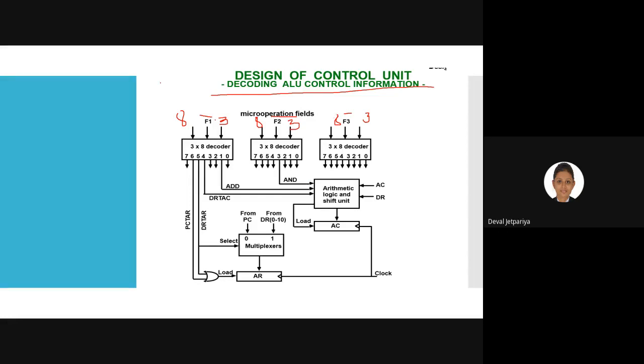So here they have taken 3 decoders, each of size 3 cross 8. That means you take 3 input bits and you are able to fetch a total of 8 micro operations. Whenever there is a requirement, as per the requirement, we need to transfer them. So they have given an example for the same.